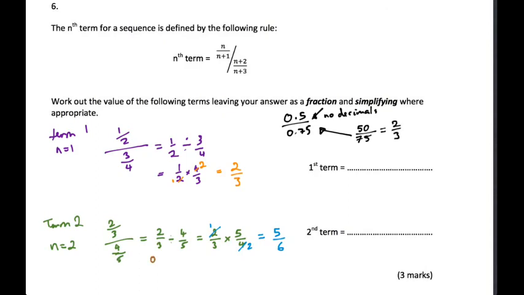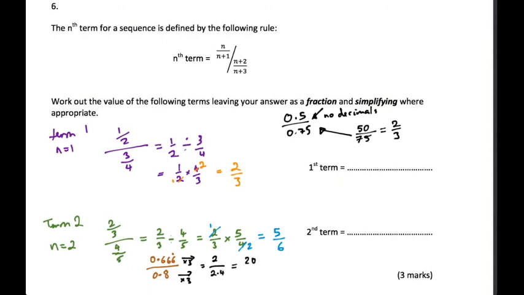Now with the second one, people then might have written, well, this is 0.66 recurring divided by 0.8. Now this, again, you can't really have decimals in a simplified fraction. So if you did write this, you might have said, well, how can I make these whole numbers? Well, it's not obvious, but if you were to times top and bottom by 3, well, we know that 2/3 times by 3 is 2, and 0.8 times by 3 is 2.4.